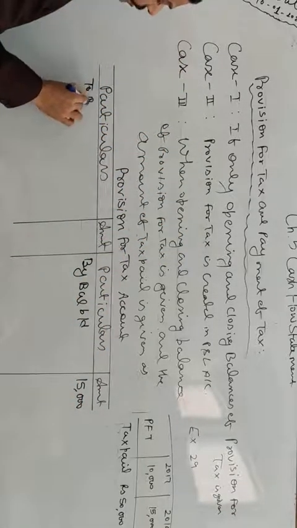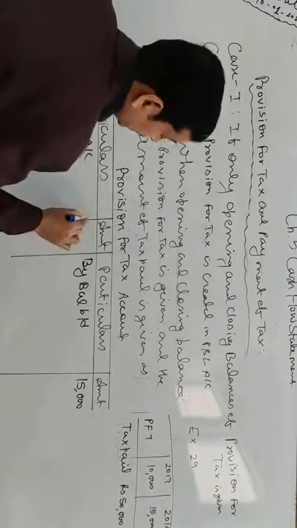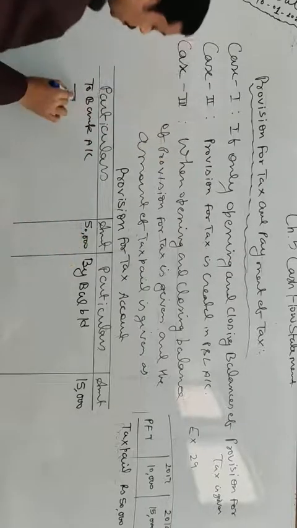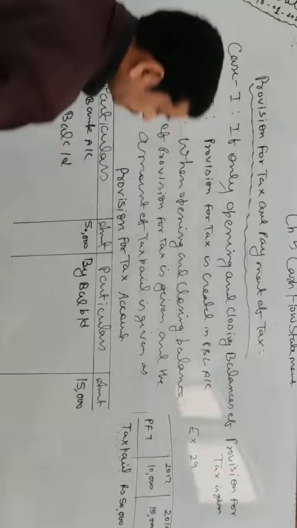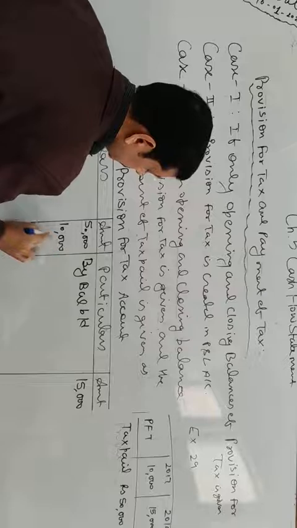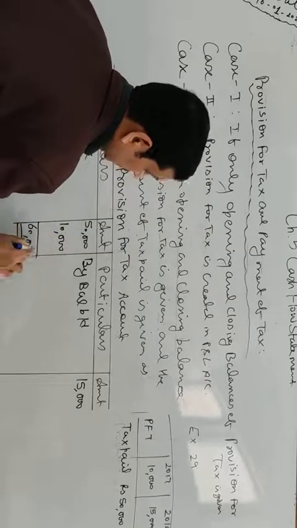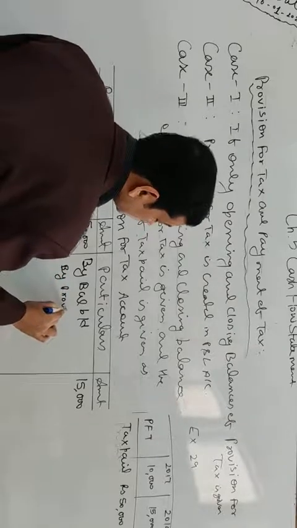So to bank account, 50,000. To balance c/d, closing balance is given, that is 10,000. Make a total, that is 60,000. And here by provision for tax.